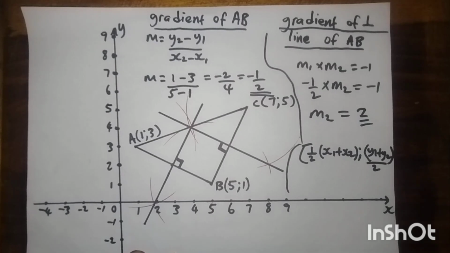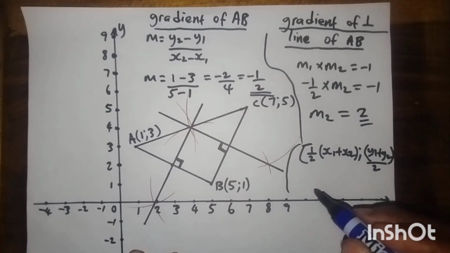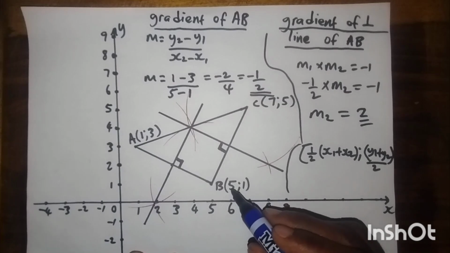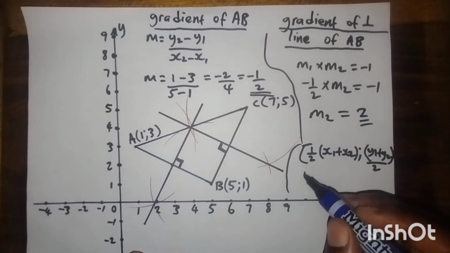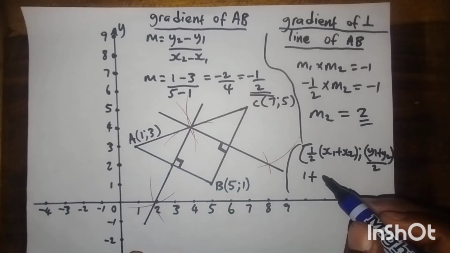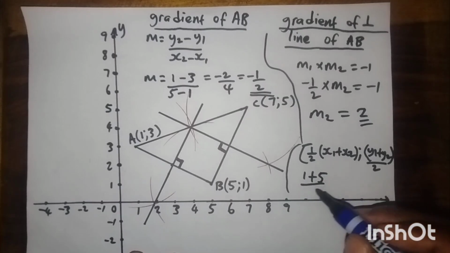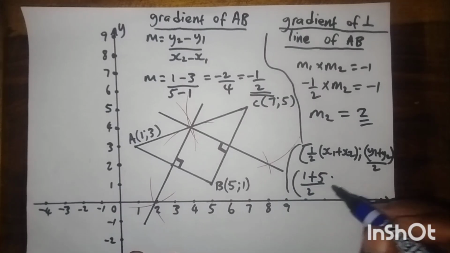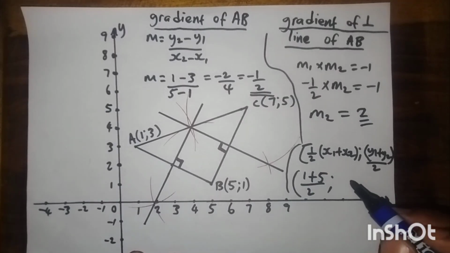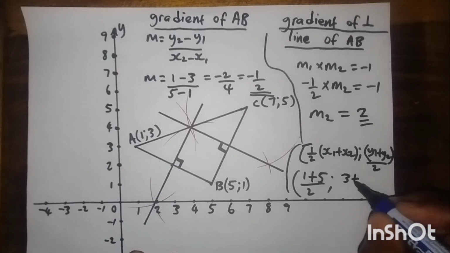Okay, so my x1 plus x2, it's this 5 plus 1, so it's 1 plus 5; and my y1 plus y2 is this one, 3 plus 1.